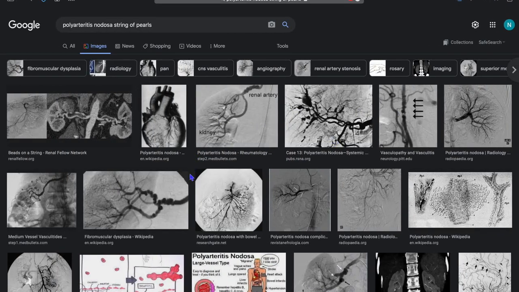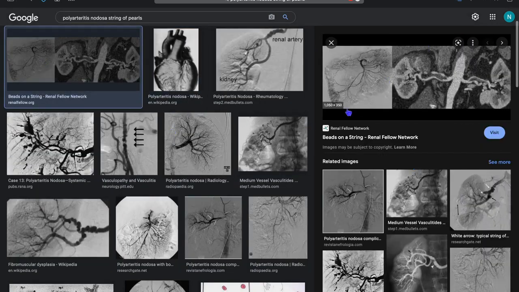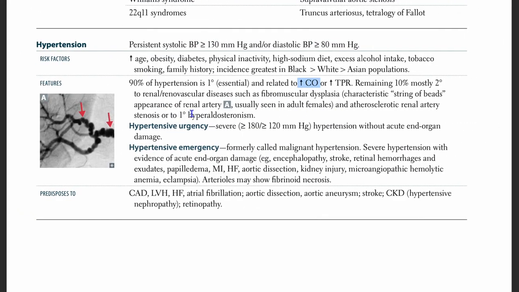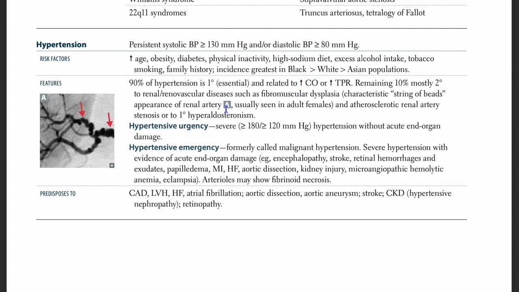Here you also see it. That's the same picture they're using, but in this they use the same term. So it's a buzzword for both of them. String of beads, so it's in here and in PAN. Usually seen in adult females, and atherosclerotic renal artery stenosis, or primary hyperaldosteronism.